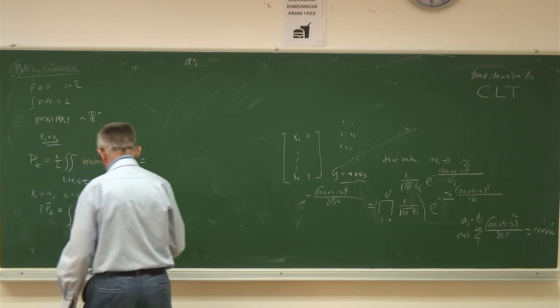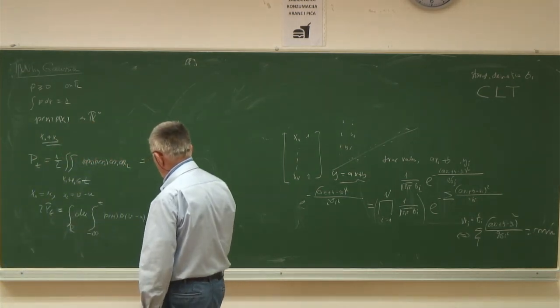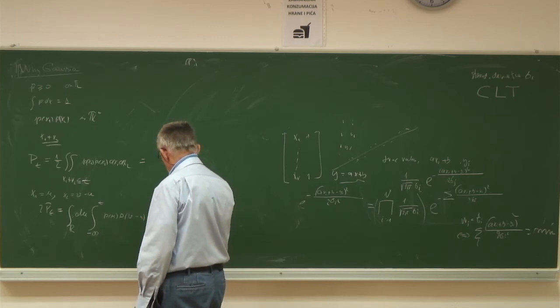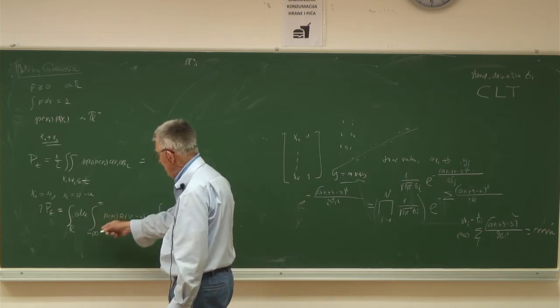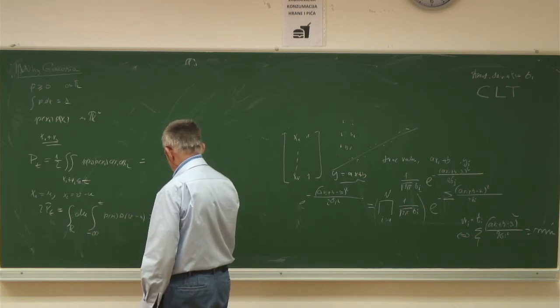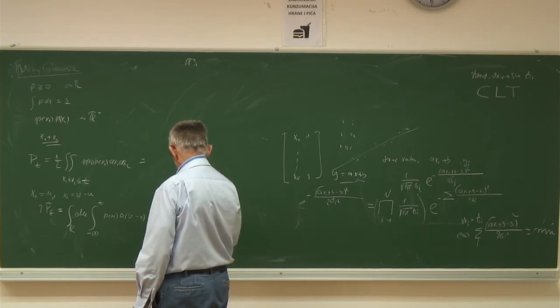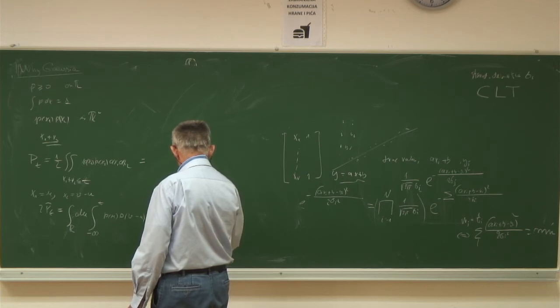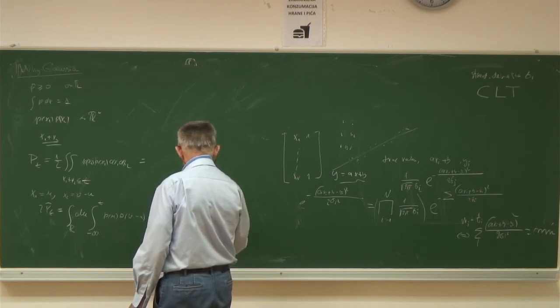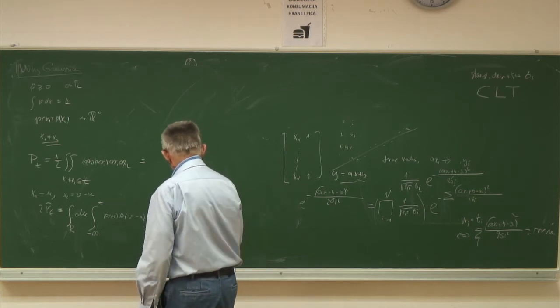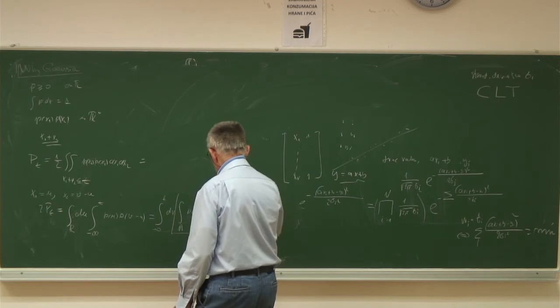And now we can change the order of integration, because this now is a constant, doesn't come up in the integral. dv, integral over R of p(u) p(v minus u) du. So this now is the density.